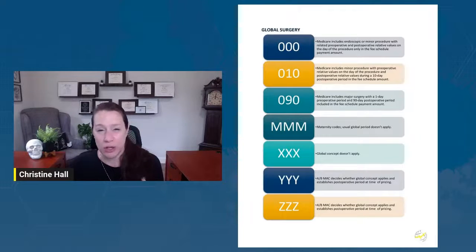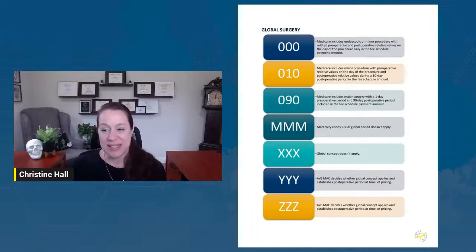And that is included in the payment and in the reimbursement. It's calculated. So it's not that you're not getting paid for it. It's already calculated in the reimbursement. So when you see that global surgery, know that any additional visits during that 10-day period have been allocated in the overall payment.